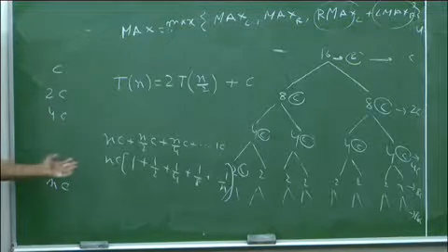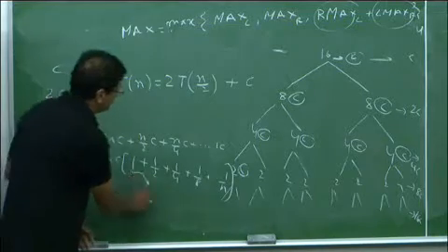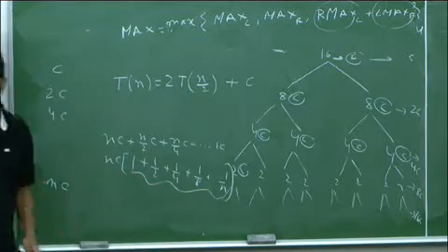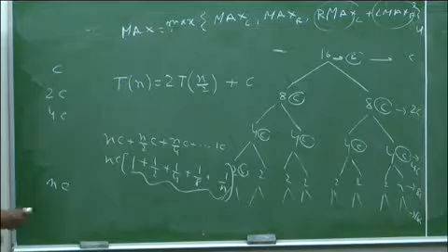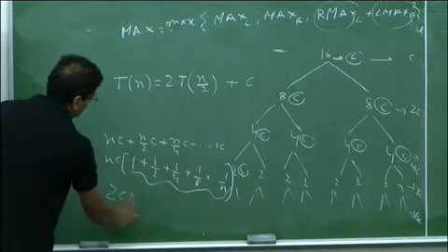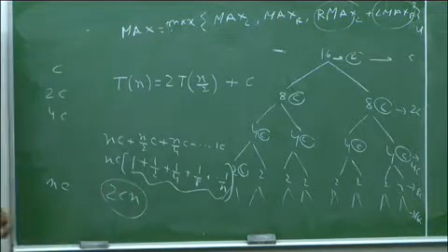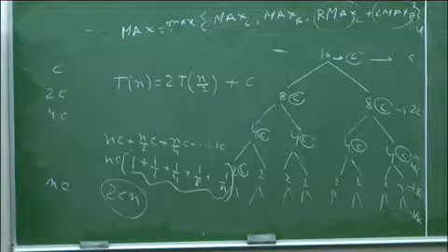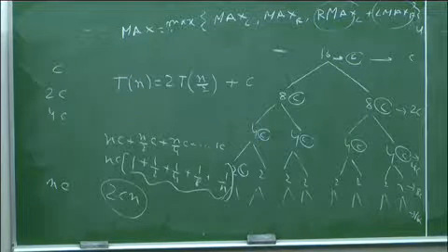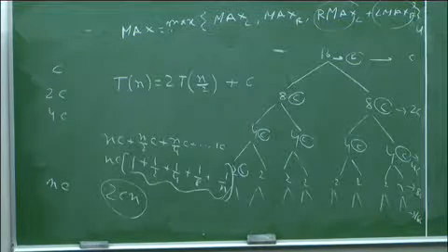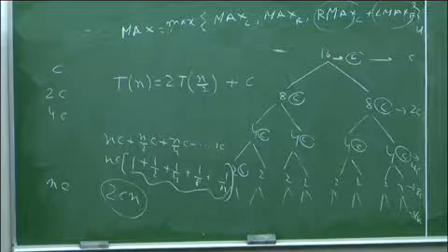So, as we know, the maximum sum of this sequence is how much? 2. So, basically what it is saying is the total time taken is 2cn, which is nothing but theta of n, because it is lower bounded and upper bounded by some constant times n.